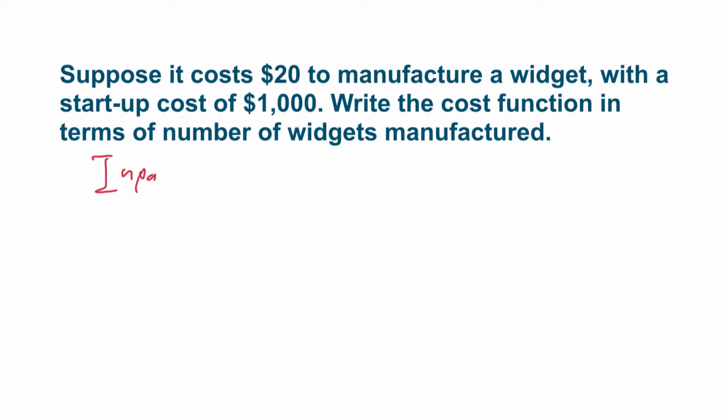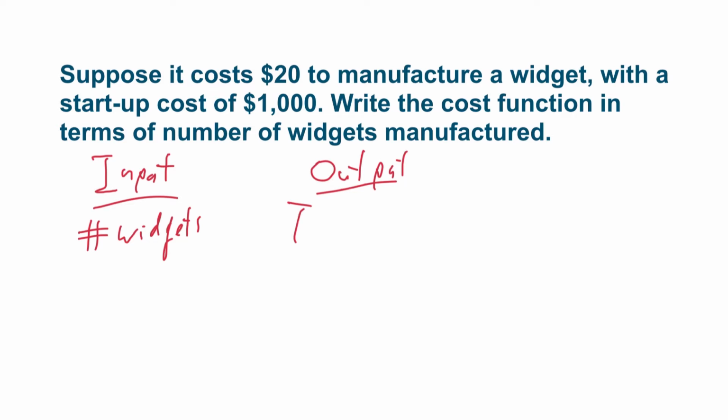So in this case, my input to the function should be the number of widgets, and my output should be total cost. So I'll write C of W to say input W, the number of widgets, and output the cost. So how would we do this?